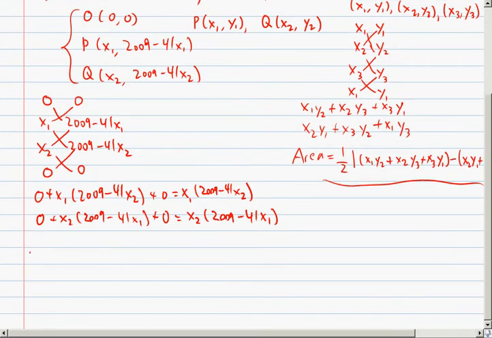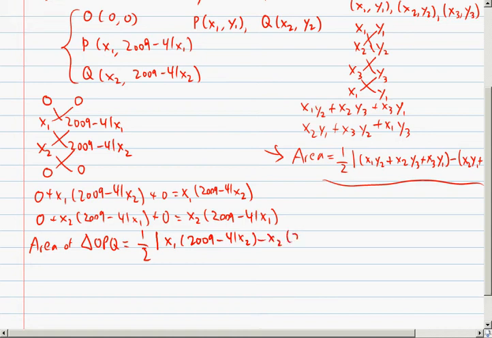Now, the area of triangle OPQ, by plugging into this formula, gives us 1/2 times the absolute value of x1 times 2009 minus 41x2, minus x2 times the quantity 2009 minus 41x1.